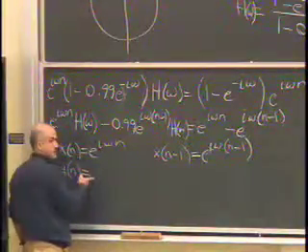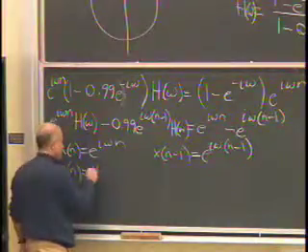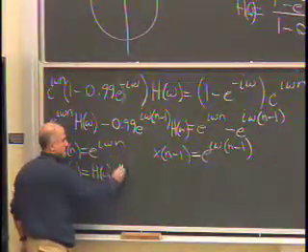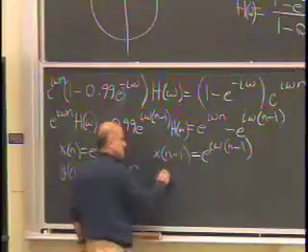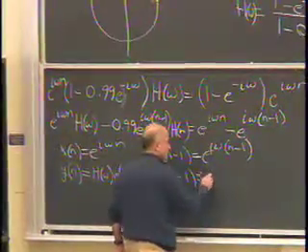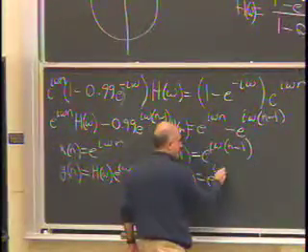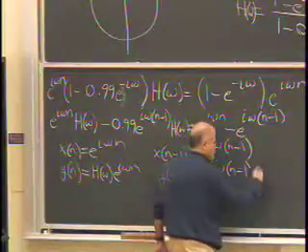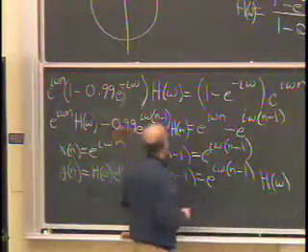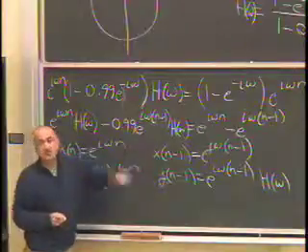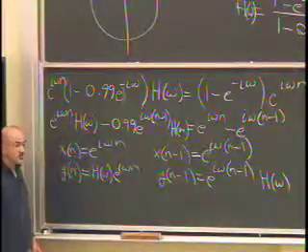This goes in, what comes out? H of omega times the same complex exponential. So y of n minus 1 will be this complex exponential times H of omega. And now you recognize all of those terms in this equation. That's how you make the connection.